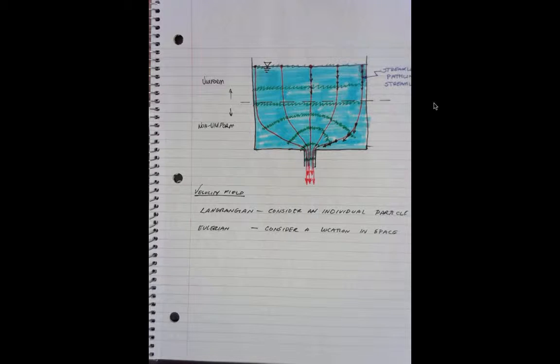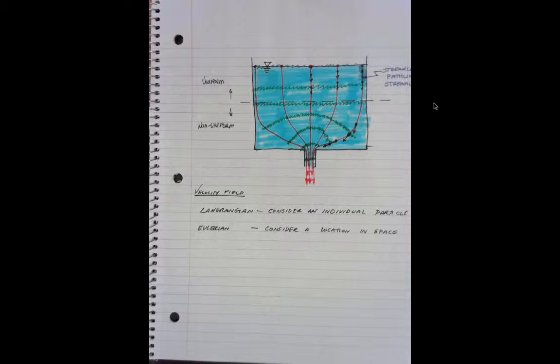Flow dimensions are classified by how many spatial coordinates are required to specify the velocity field. So when we talk about one-dimensional flow, that means one spatial dimension captures most of the necessary information to describe the flow. Two spatial dimensions might have an x and y coordinate, and then three would be x, y, and z. Now all real flows are 3D, but useful engineering analysis is often possible with two-dimensional and one-dimensional approximations.